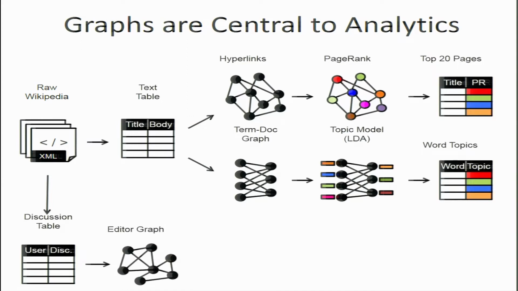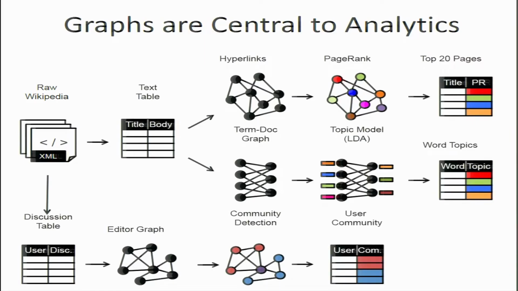From this we can generate an editor graph, and we can apply a community detection algorithm on top of it. So we can identify the user communities which are there in the raw Wikipedia text.